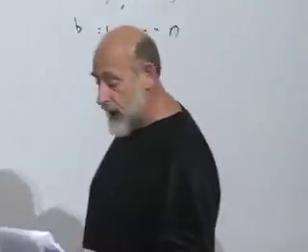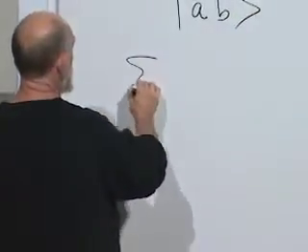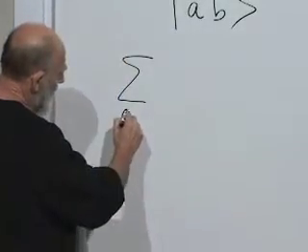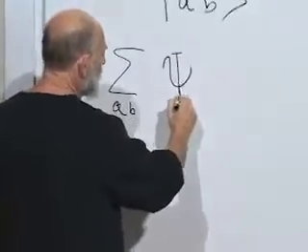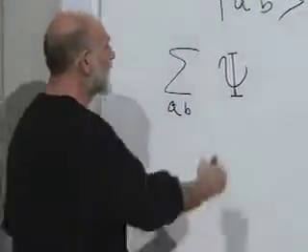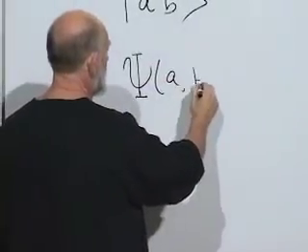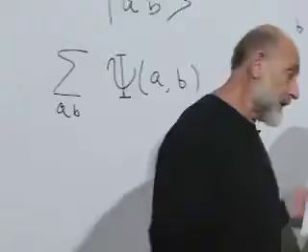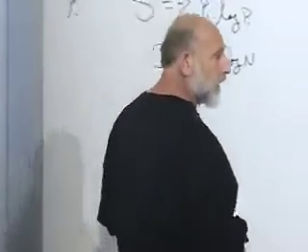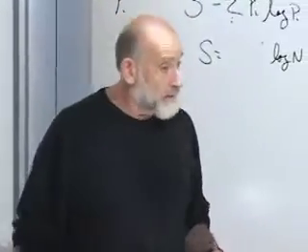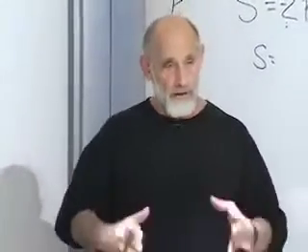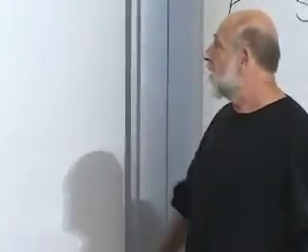Then the most general state of the combined system that we can write is a sum. We're going to sum over A and B of some set of coefficients called a wave function, psi of A and B. Now, for us, A and B are discrete variables. In a more general context, A and B might even be continuous, but for our studies here, where we're studying qubits and discrete systems, A and B run over integers.